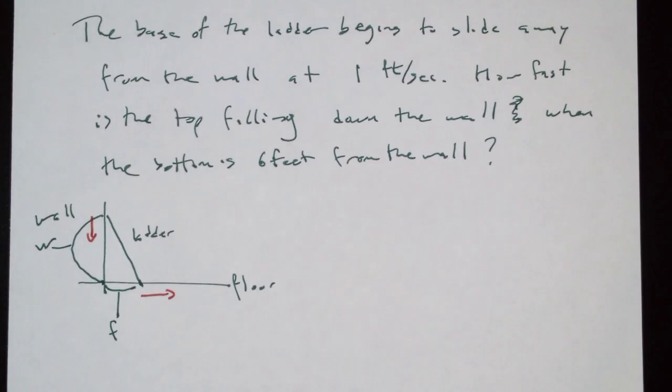So somewhere I should have a dw dt or a df dt, and I should be wanting to find one or the other. Because it does ask me how fast something is happening. How fast is what changing?